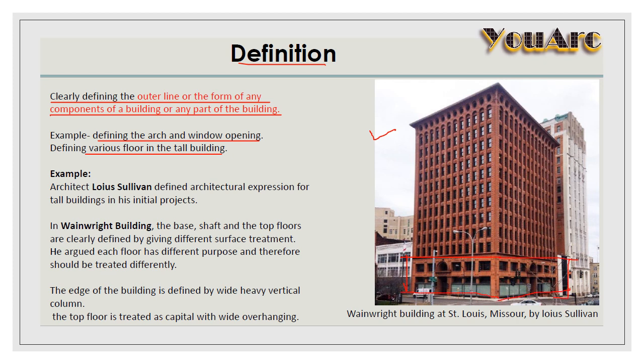And we can clearly see the edges of the building are defined with heavy vertical columns here, and different floors are defined with horizontal columns, like this. Even the top floor is treated with a capital as well as with wide overhang. See this floor is clearly defined as top floor. So this is called definition.